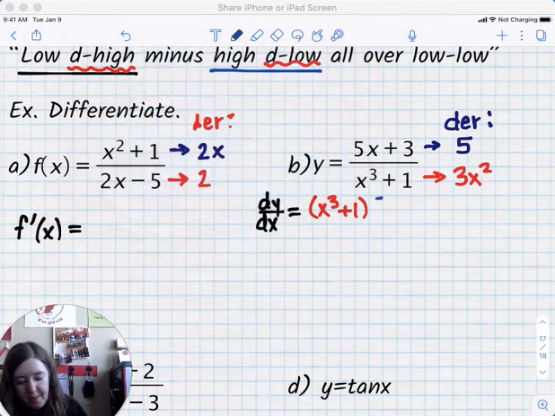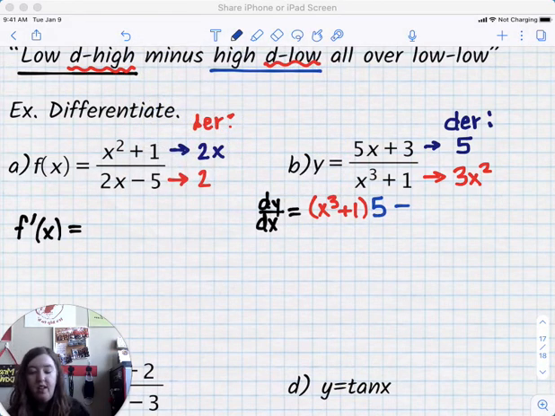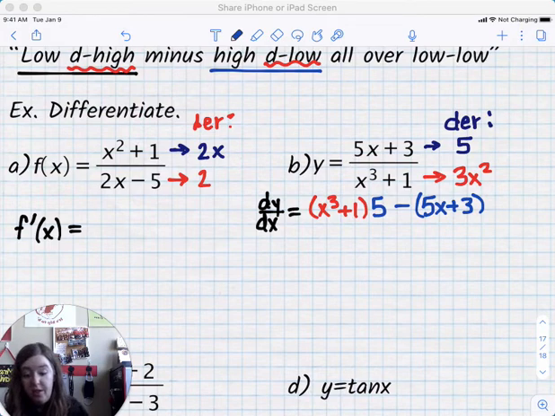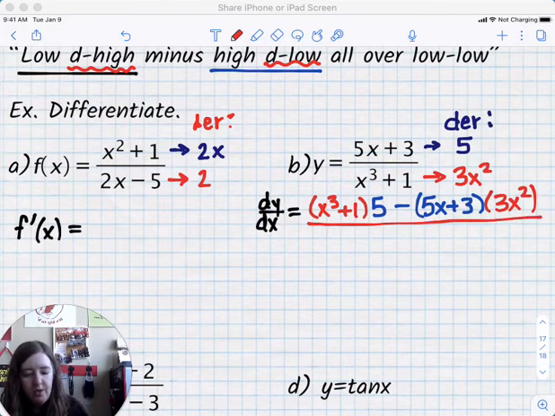So I'm multiplying that by 5, minus high d low. So high was 5x plus 3, times d low. So the derivative of the low, we decided that was 3x squared. And then it's going to go all over low low, so my original denominator squared.